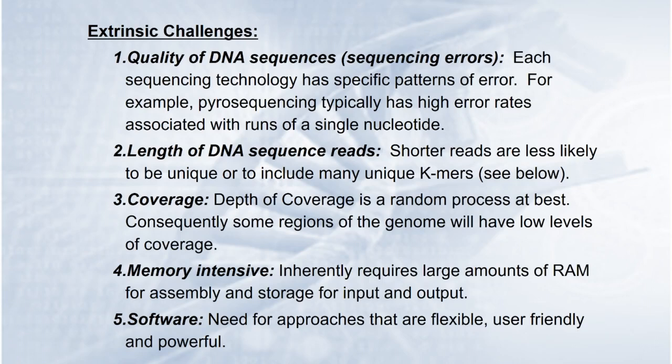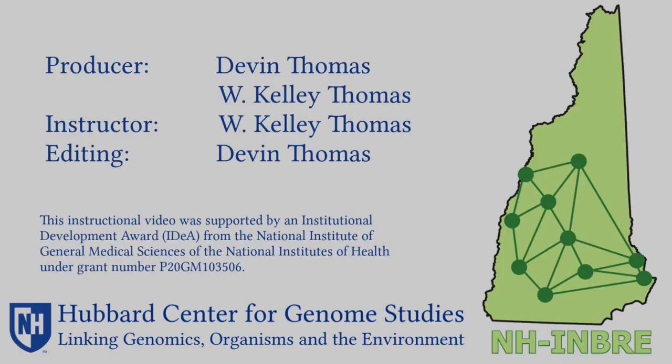So it requires a lot of RAM, and luckily you'll be doing your assemblies on a very high RAM server that we maintain for you. And software: the software is really changing and improving remarkably over the last several years, but still remains somewhat a limitation in this. So thank you very much.